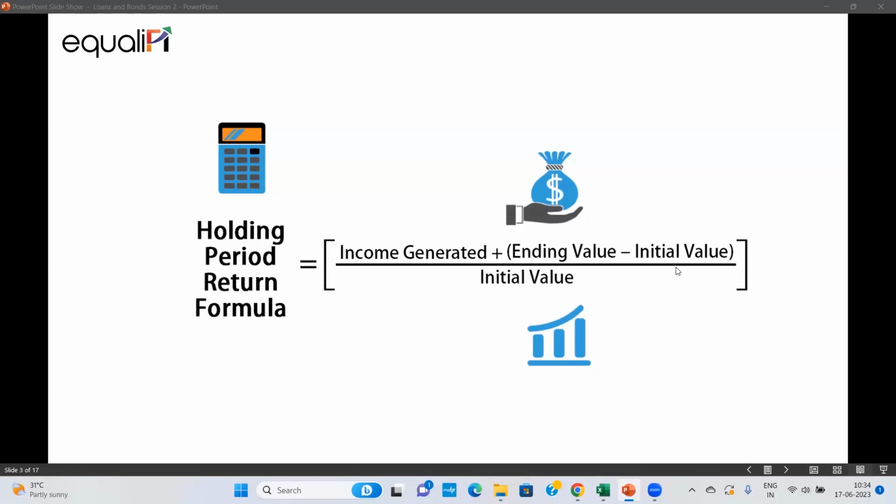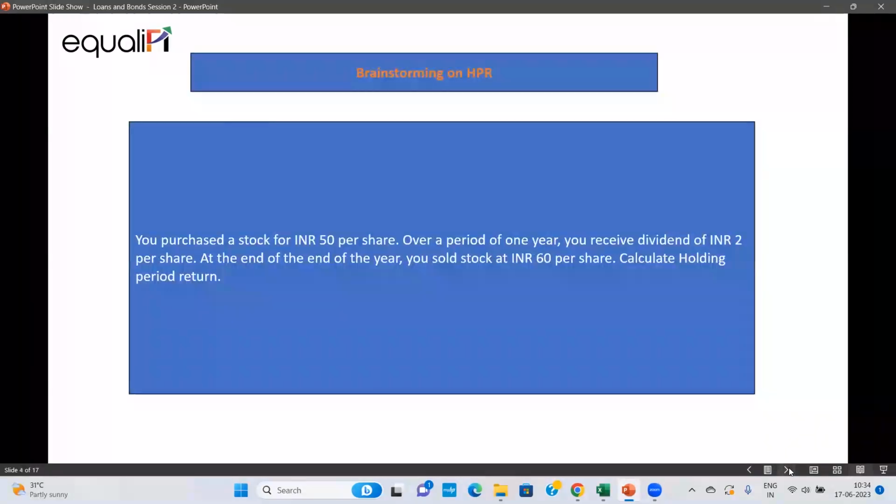Okay, great. So I'm assuming that everybody is done with snipping the formula. Now look at the problem and solve it quickly. This is the problem. Find out holding period return.